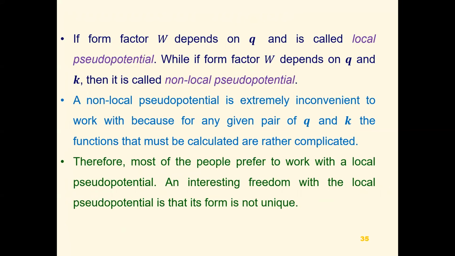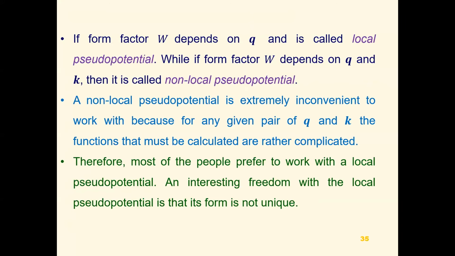If the form factor W depends on only a single wave vector Q, it is called the local pseudopotential. While if the form factor W depends upon the two wave vectors Q and K, then it is called the non-local pseudopotential.